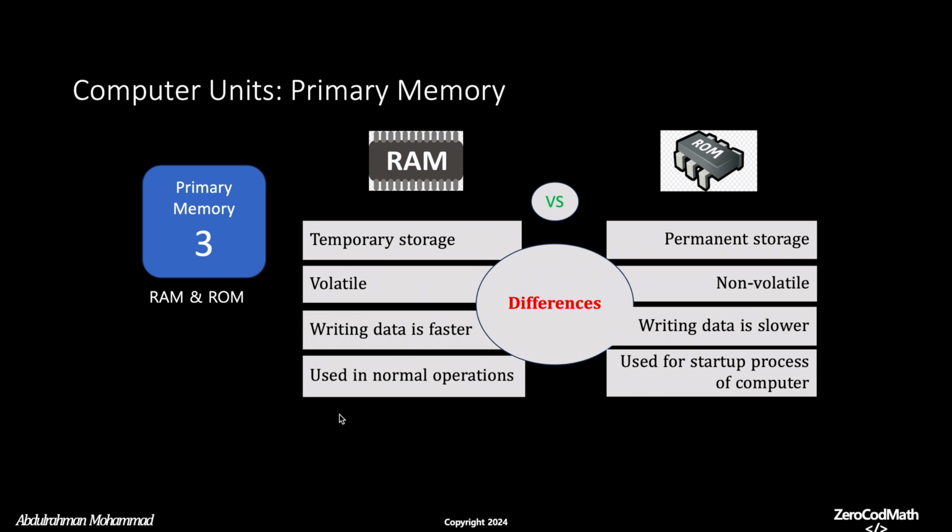But for the RAM, nothing will stay inside it. So everything will be deleted once we shut down our computer for the RAM, but for the ROM, everything will remain. In the next slides, we will see also why the RAM is faster, why ROM is slower.